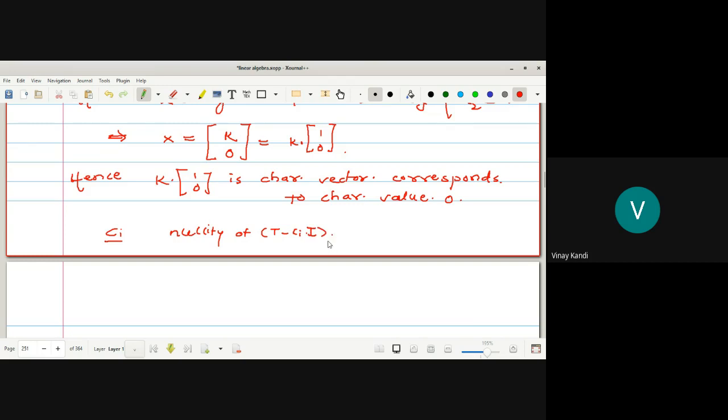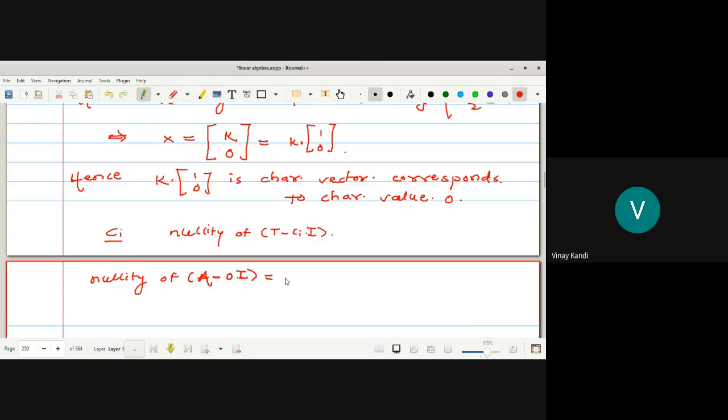So here 0 is the characteristic value of the matrix A. So what is the nullity of A minus 0 times I? Calculate.